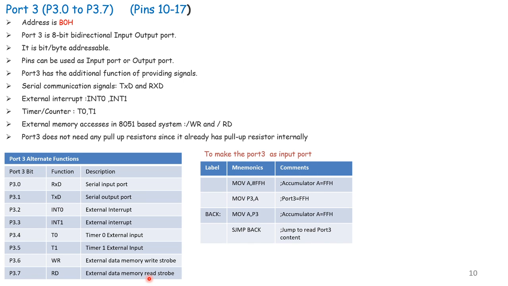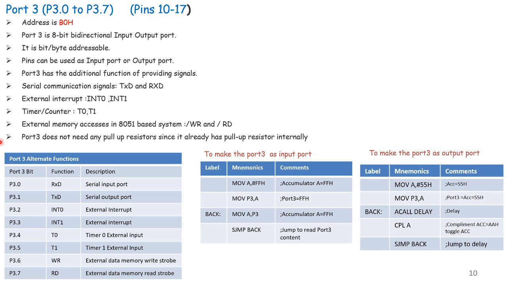How to keep port 3 as an input and how to keep port 3 as an output? Again we use these instructions. To keep port 3 as an input port, move the content of port 3 to the accumulator, and port 3's data will be moved into the accumulator.